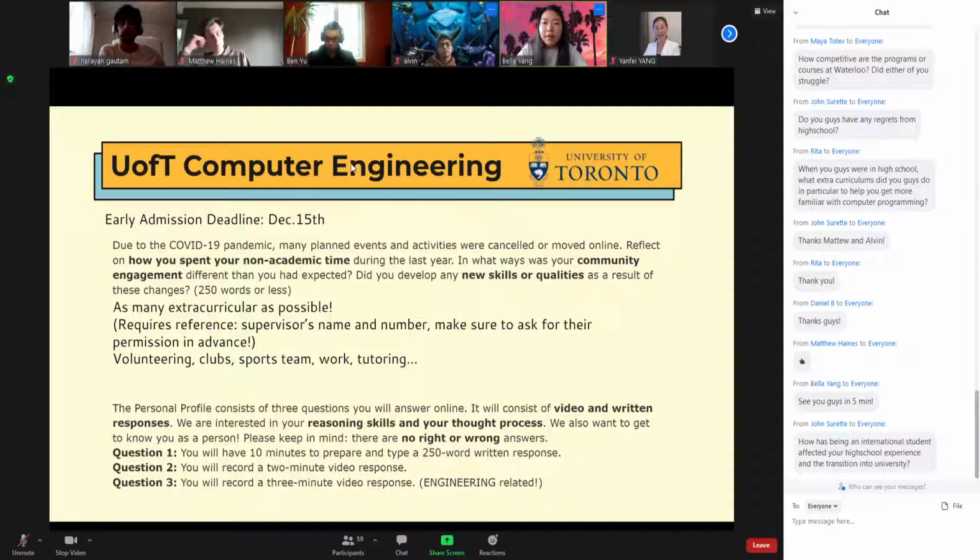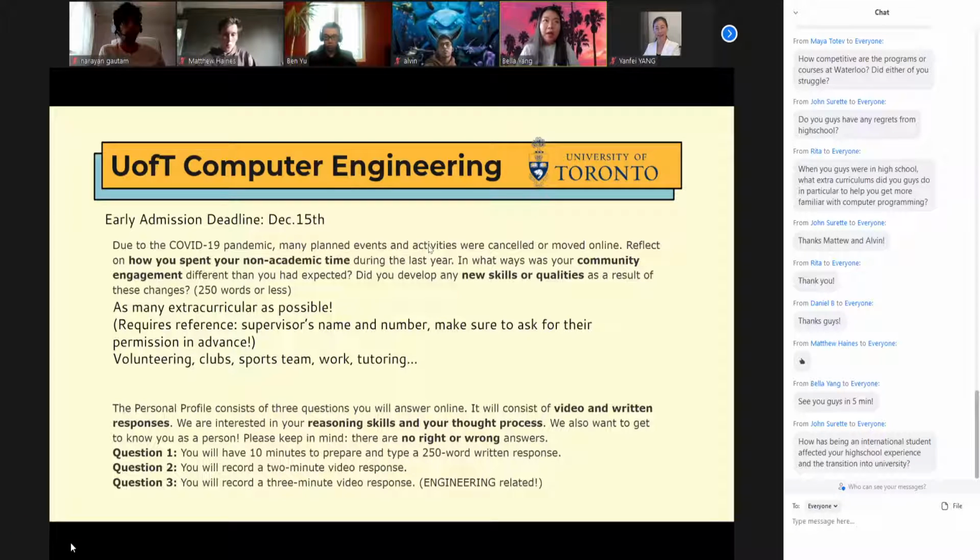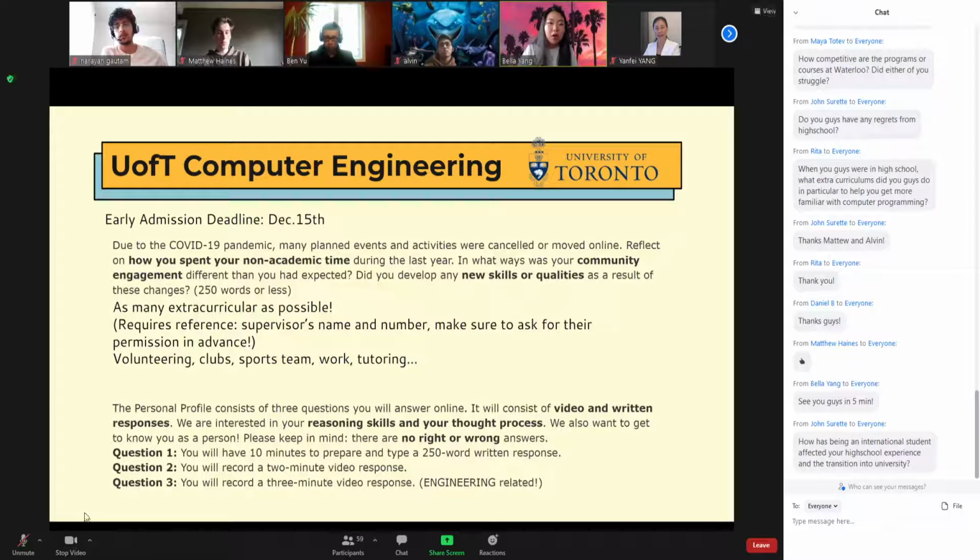I'm not too sure if that will happen next year, but essentially it asked what have you developed as a person and a student during the pandemic time, and also what kind of new skills or qualities have you developed. And then there's a really important part, which is it asks you to describe your extracurricular activities.